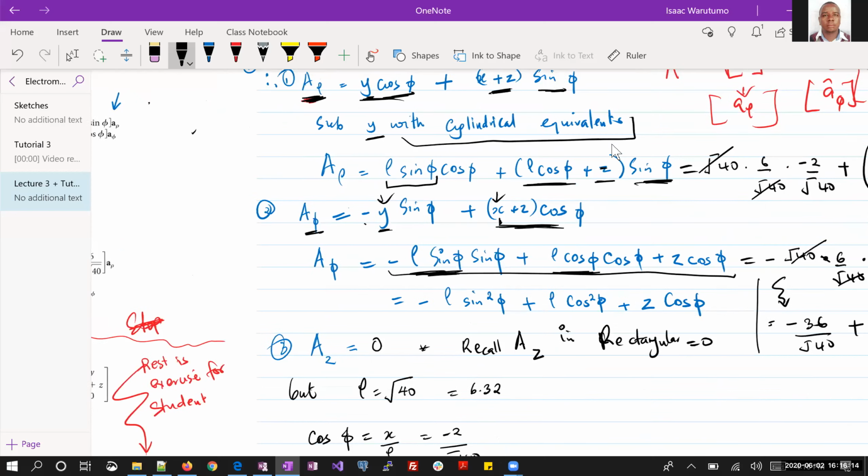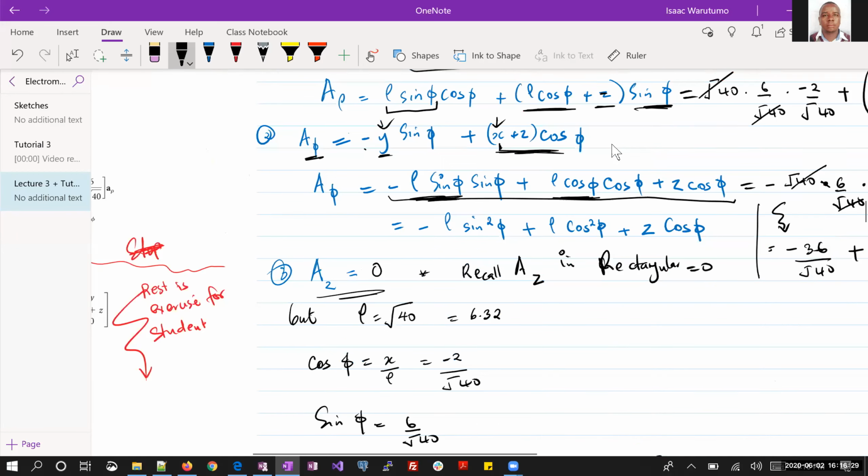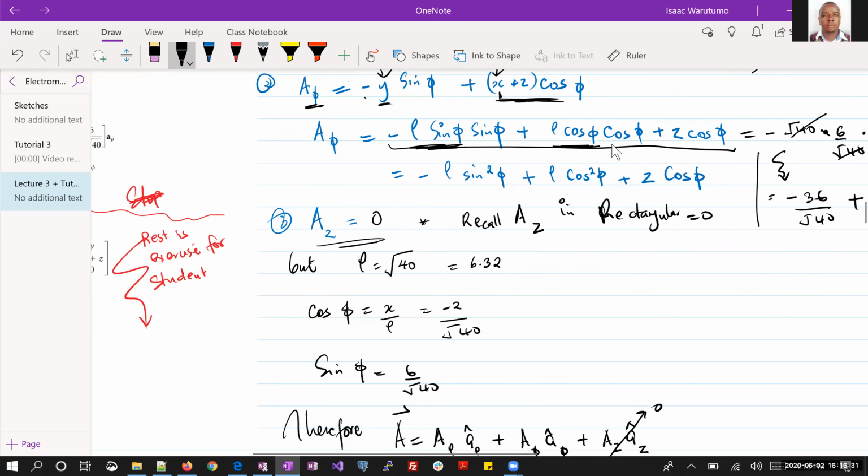Just recall that if you actually do this multiplication, 0 times Y plus 0 times X plus Z, then Y times 0, all that becomes 0. So we don't have to get confused. Now I have my A row, A phi, and AZ.